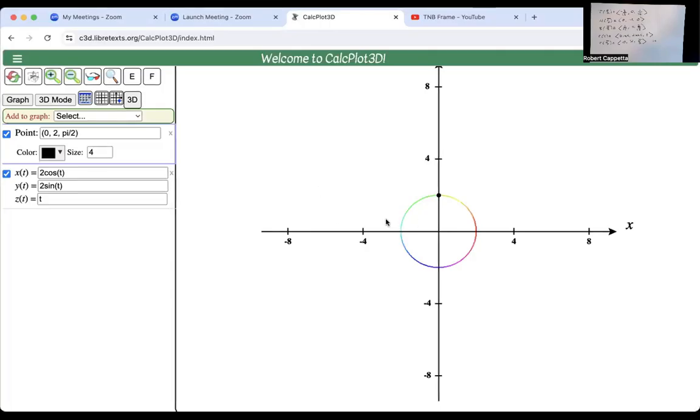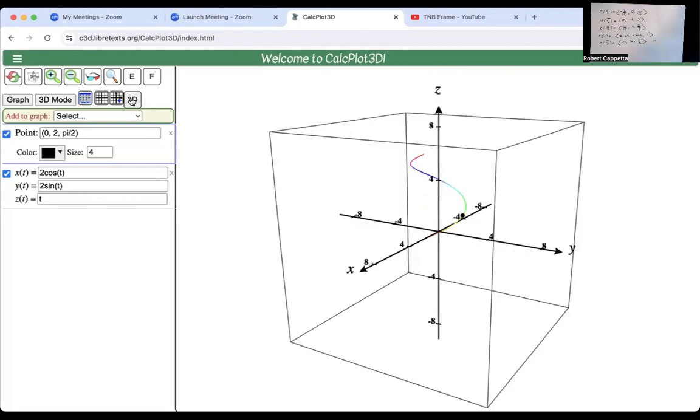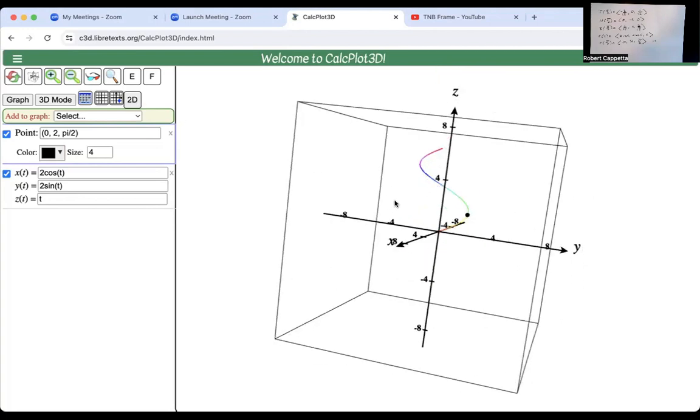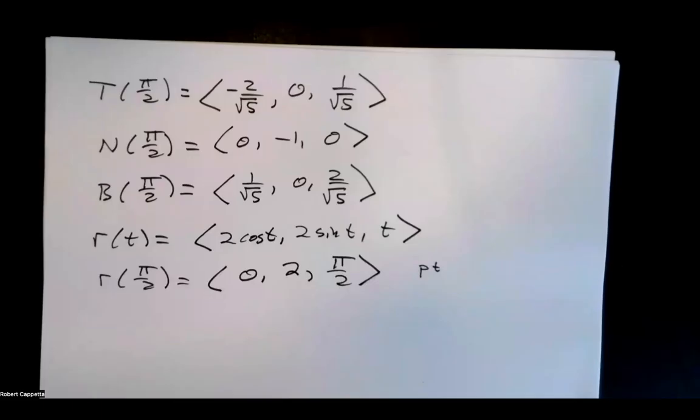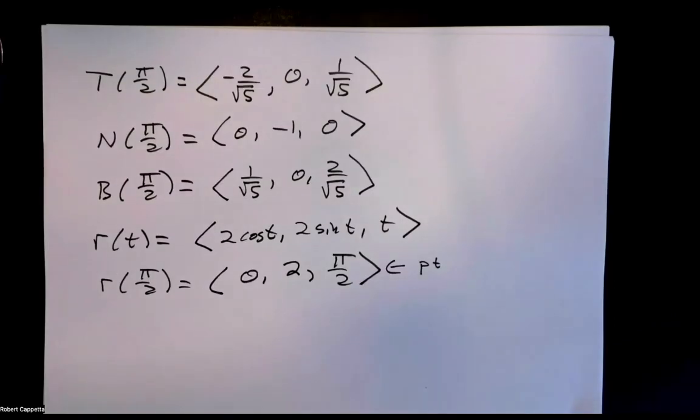So here's the 2D version. Notice I have the dot at pi over 2. And here's the 3D version. So can you visualize what T will be? Can you visualize what N will be? Can you visualize what B will be? So again, let's look at the three-dimensional graph, see what we get.